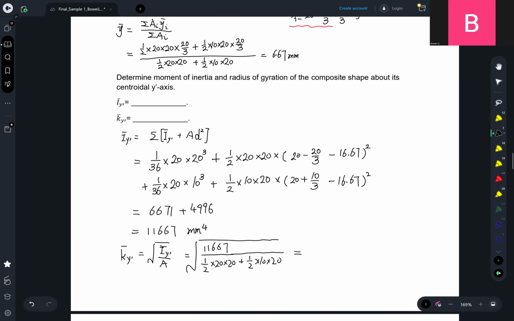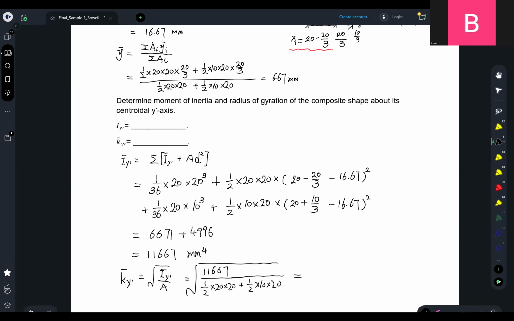If you evaluate that, you are going to see that it equals 6.24, and the unit here should be millimeter. So now this is the answer for the second part. Be sure to include the correct unit here.